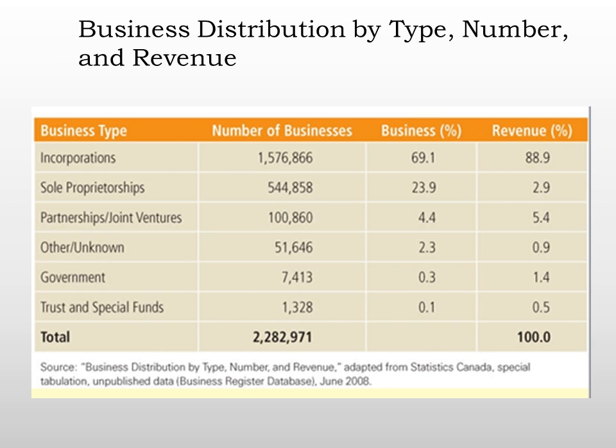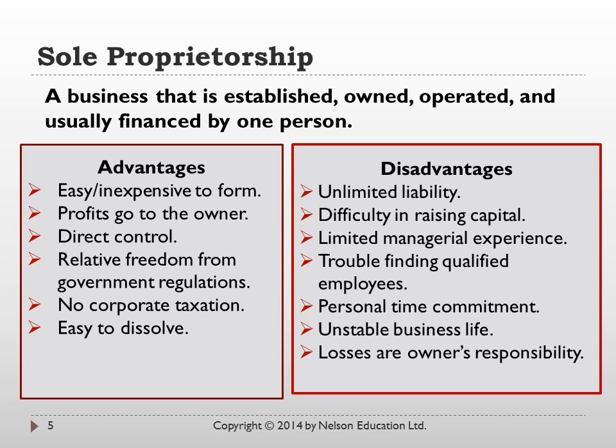So before I go on and talk about the different forms of business organization, I want you to understand the concept of business liability, because that is one of the primary differences between sole proprietorships, partnerships, and corporations in Canada. When I talk about business liability, I'm talking about the legal obligation for a business to repay its debts.